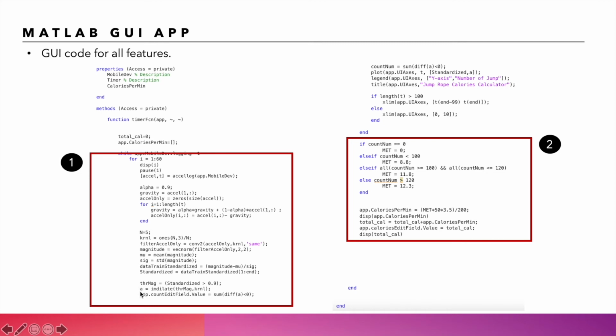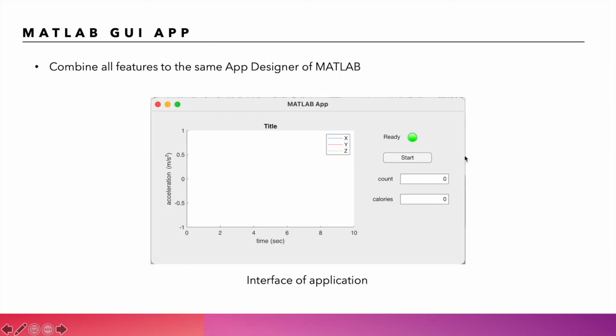After the detection, we can count the skips, and then I send the data out to the GUI display on the count edit field. The count edit field is the channel that shows you how many rounds per minute of your jumping rope.